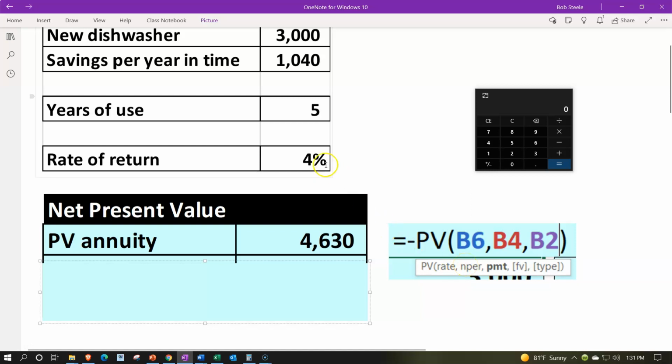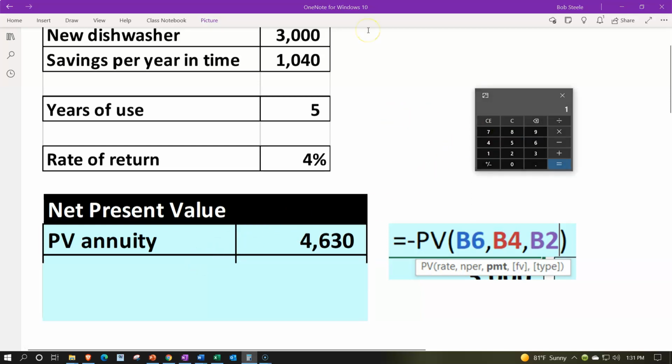The rate is going to be that 4%, comma, the number of periods. The number of periods is going to be 5, and then we're going to say, comma, the payment that we're going to have is going to be that $1,040, and that's going to be the benefit we're getting over the 5 years. So if we bring that back, discounting it back to the present value, that annuity at 4%, we're at the $4,630.